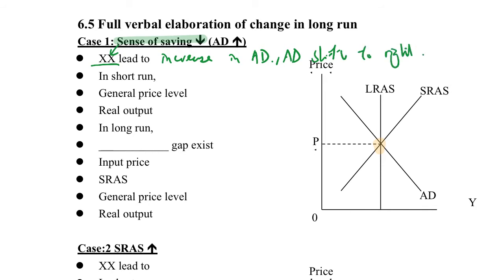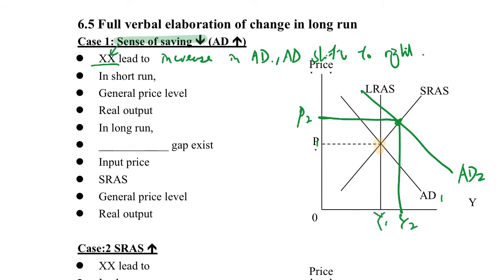Then in the diagram you can just draw AD1, AD2. Then we have a P2 if this is P1, Y1, Y2.